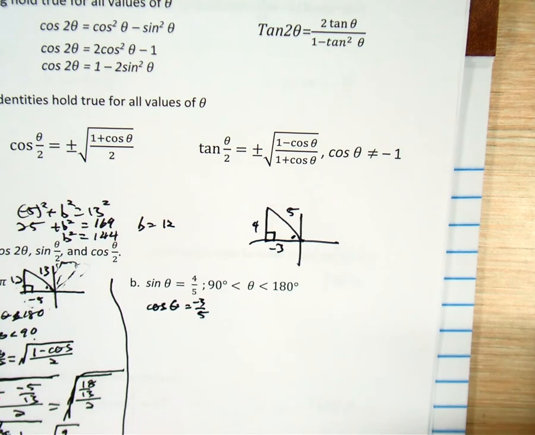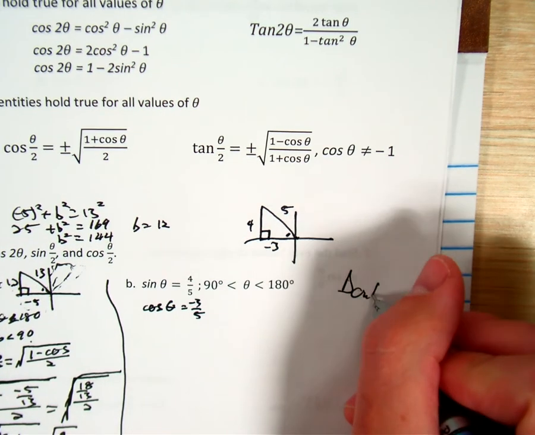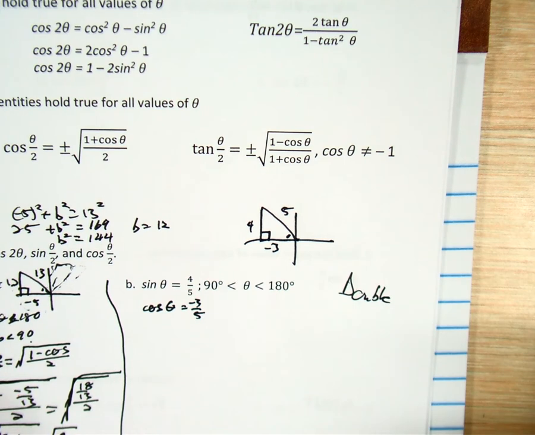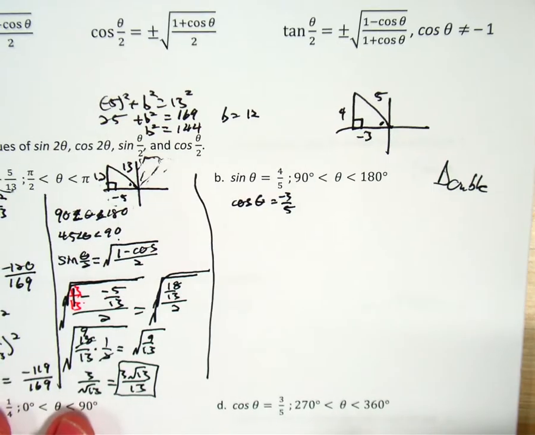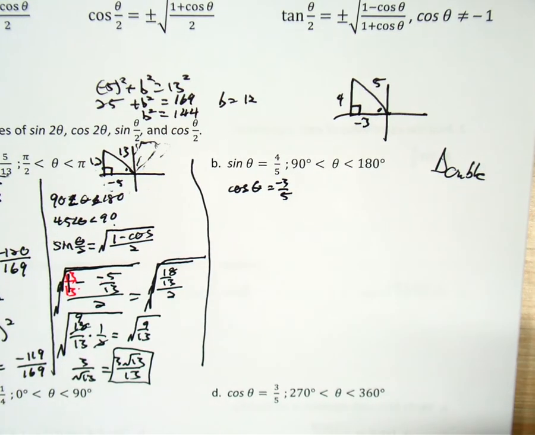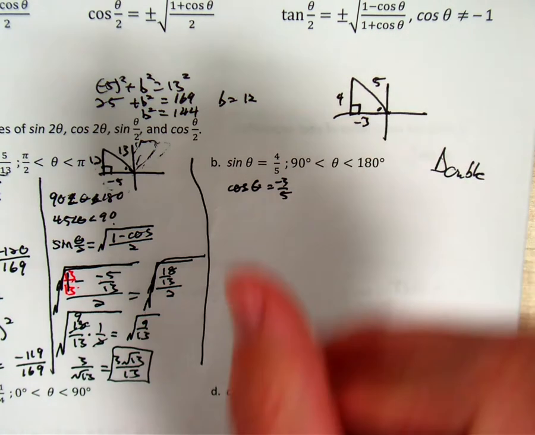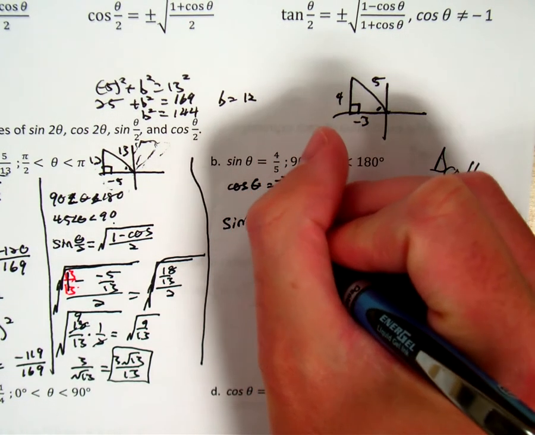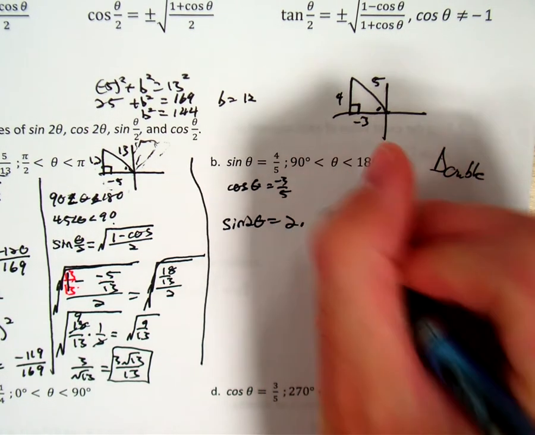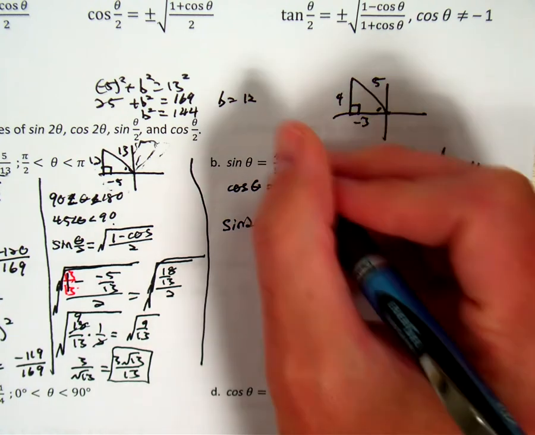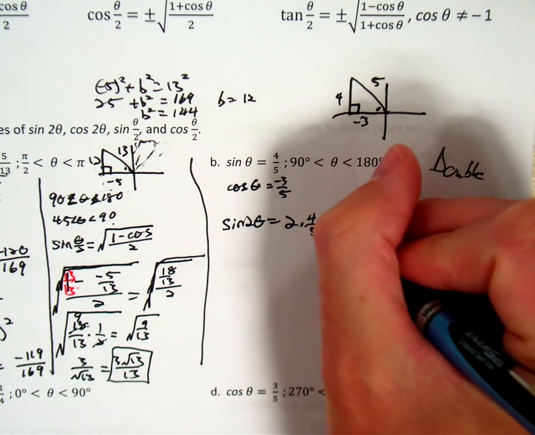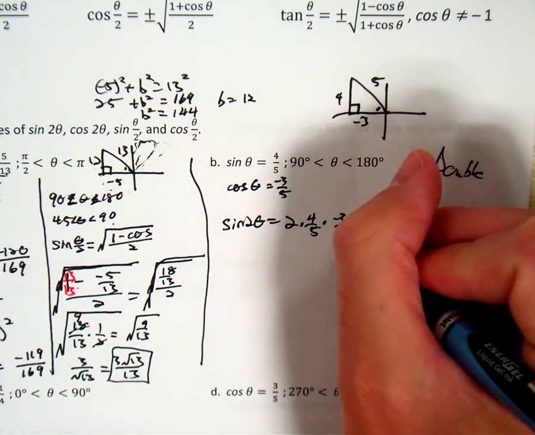And we're doing the double angles only because we don't have enough room. All right, so go ahead and push pause, and let's see what you can do for the double angles. All right, double angles. Sine of 2 theta equals 2 times sine of theta, so 4/5 times the cosine, negative 3/5.